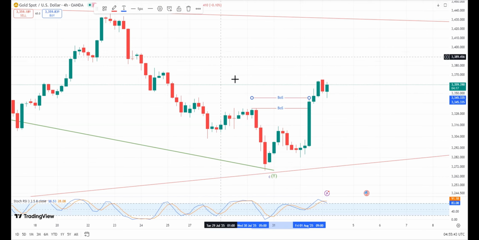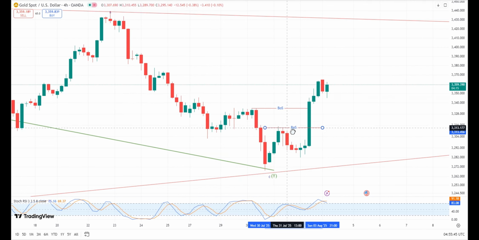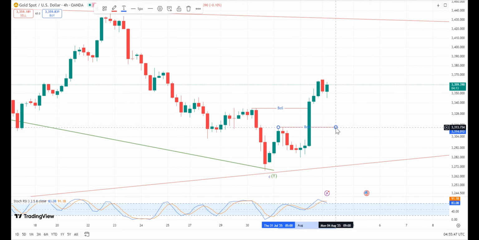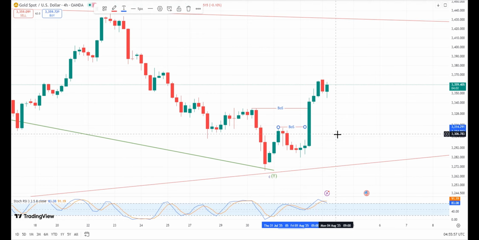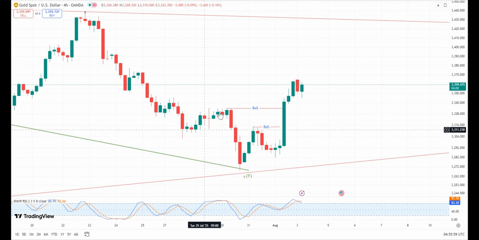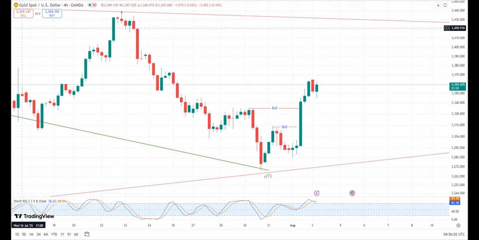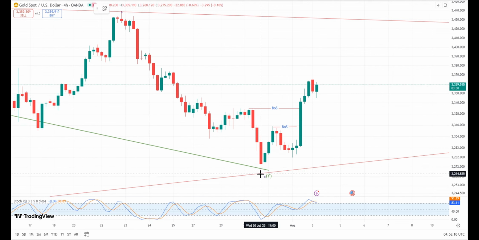Sorry, let's clone this. There's an internal break of structure here too. Then we have our low here.